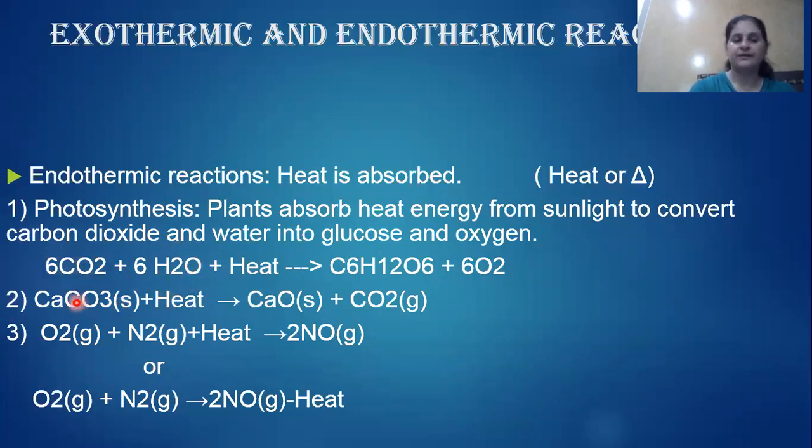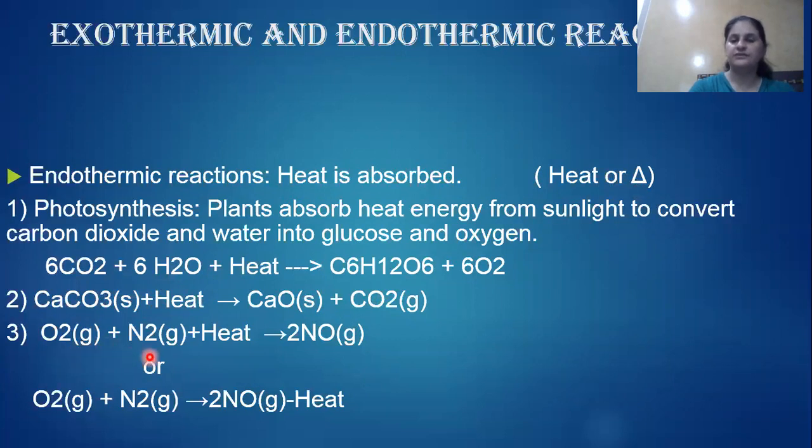Next one, calcium carbonate. It takes a lot of heat and it decomposes to form calcium oxide and carbon dioxide. So heat will be written along with the reactant. In place of heat, you can put this symbol also, right?